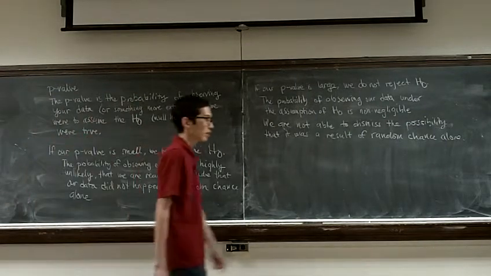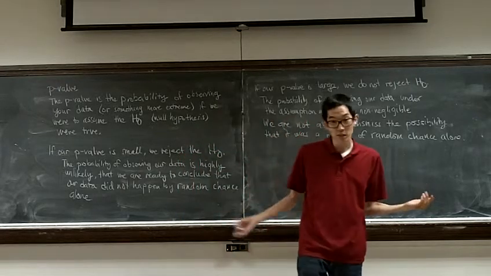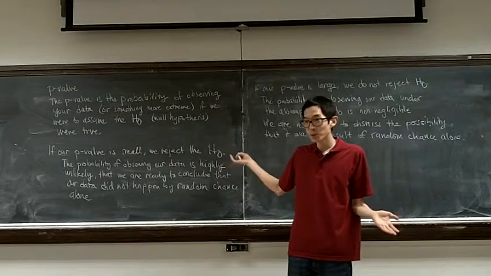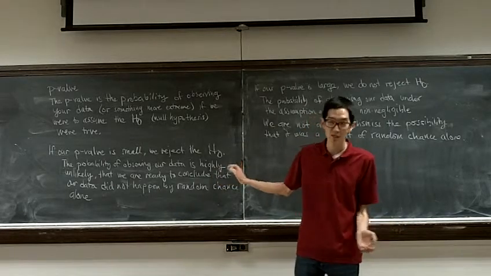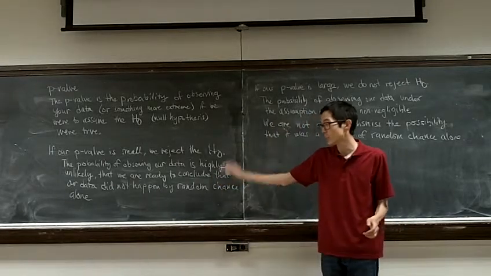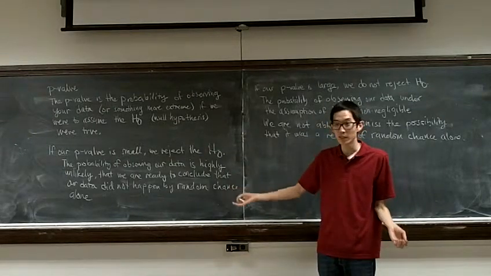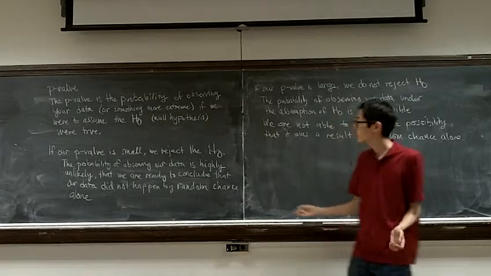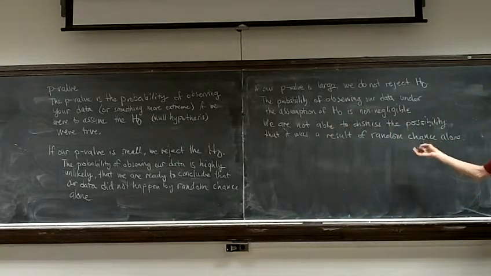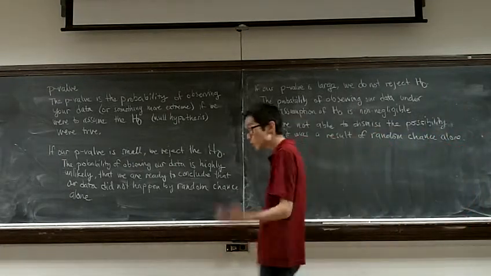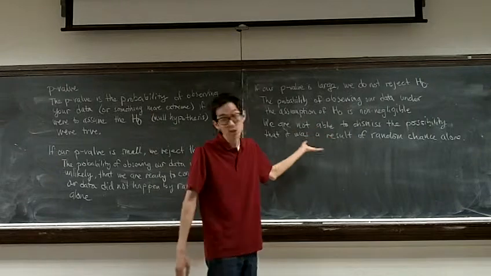Again, in both of those cases, it could be wrong, right? It is possible that I was so incredibly lucky. Even though it's incredibly unlikely, it is still a possibility, and in that case, I would have made a mistake. And over here, even though they can't dismiss the possibility that it was happening by random chance alone, it is possible that I was doing something to cheat also.